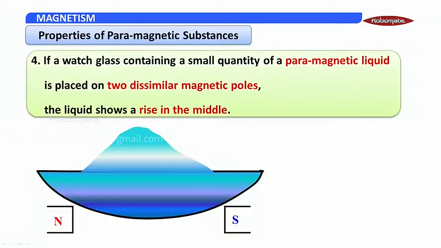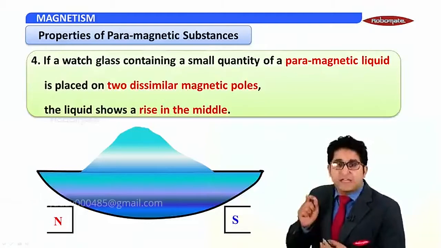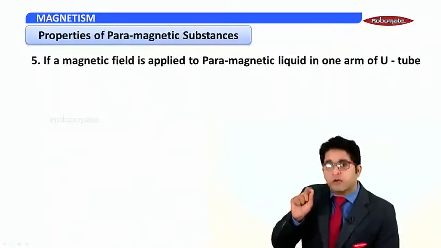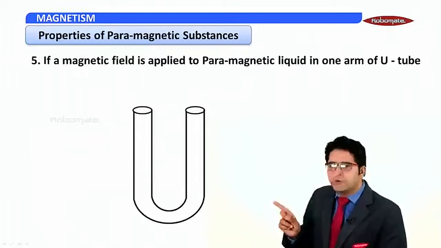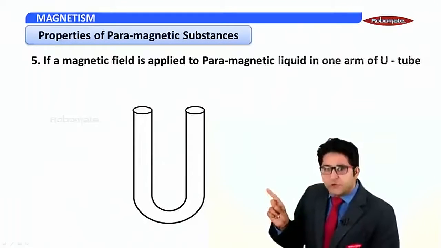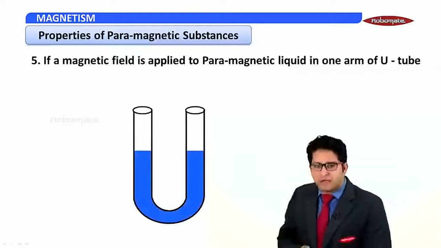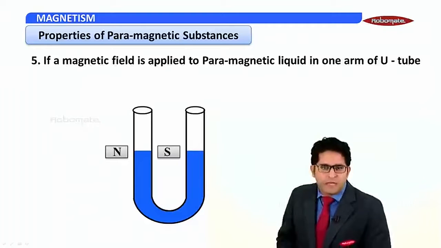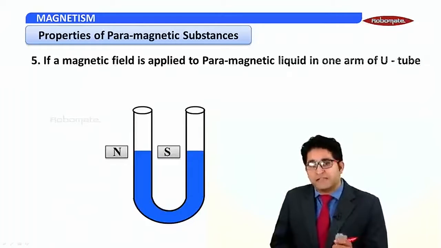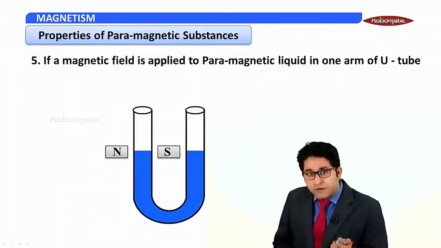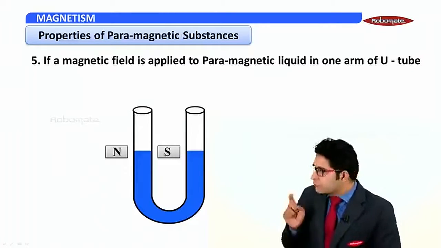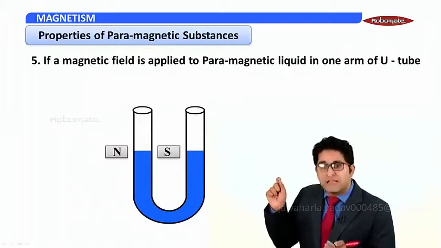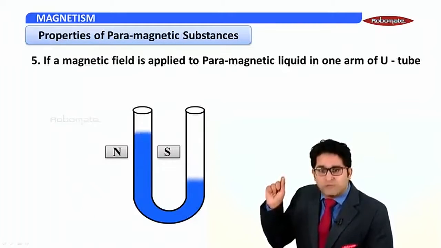Now, if I place this paramagnetic liquid in a U-tube, and apply a magnetic field to one of the arms, again the paramagnetic substance has a tendency to move from the weaker part of the field to the stronger part, so in the arm where the magnetic field is applied, the liquid level will be raised.